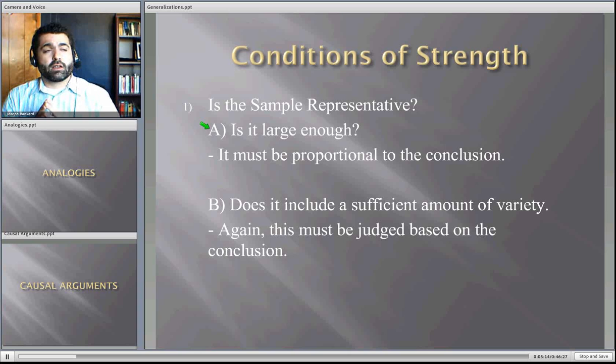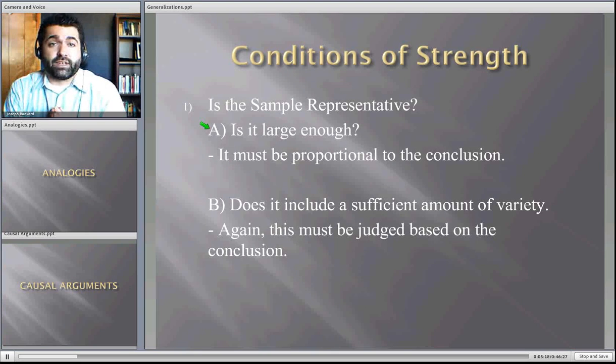So if I wanted to generalize about how NNU students feel about Barack Obama's administration, I might only need 50 students, if it's a good strong sample, to make a generalization about 1,000, right?